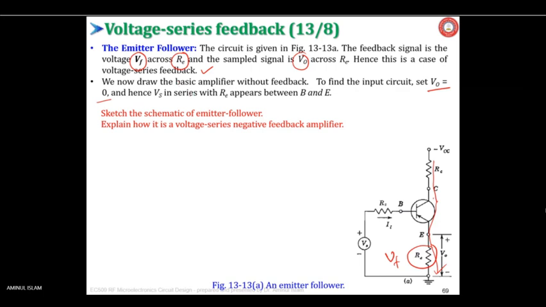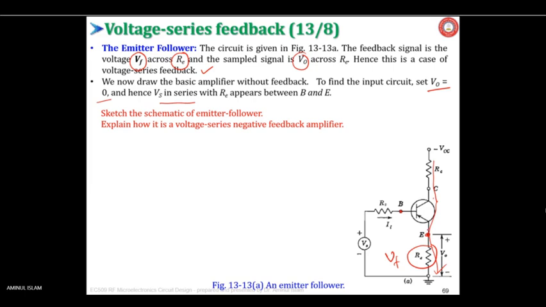And hence V_S in series with R_E appears between B and E, base and emitter terminals.